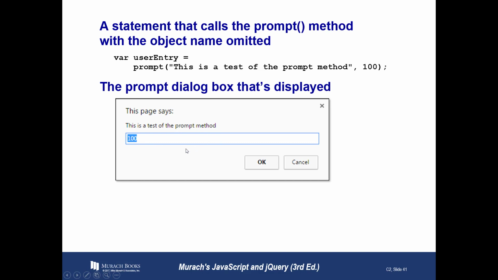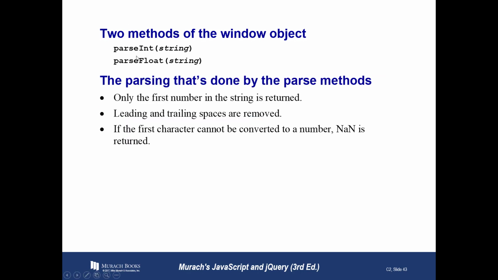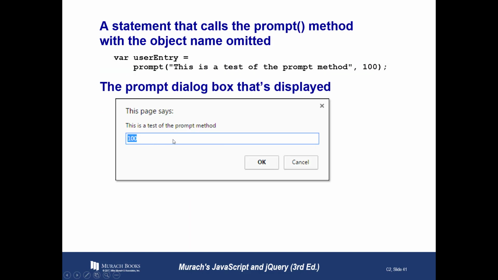Again, if this doesn't all make sense, really and truly, don't let it bother you. You can work with what's called the window object and put stuff on the screen. Anytime you put something into a dialog box like this, even though it says 100, it's not the number 100, because anything you put into a dialog box becomes a string.